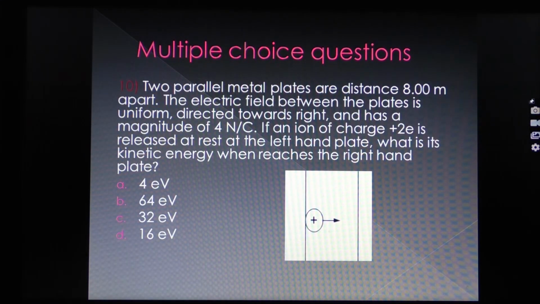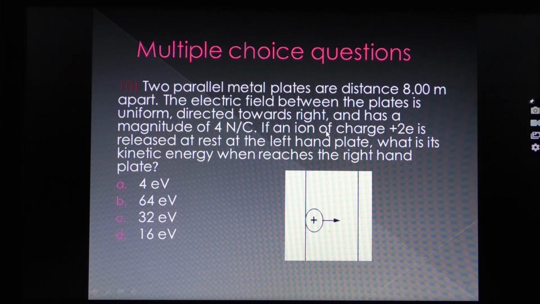Come to number 10. Two parallel metal plates are 8.00 meters apart. So what is the distance between the two parallel plates? 8 meter. The electric field between the plates is uniform, directed towards right, and has a magnitude of 4 Newton per coulomb.